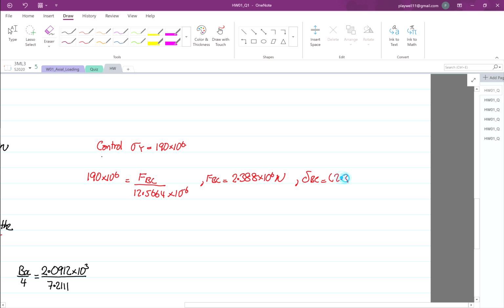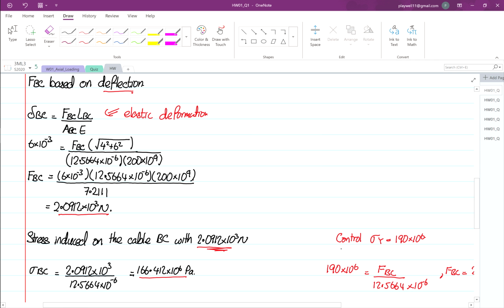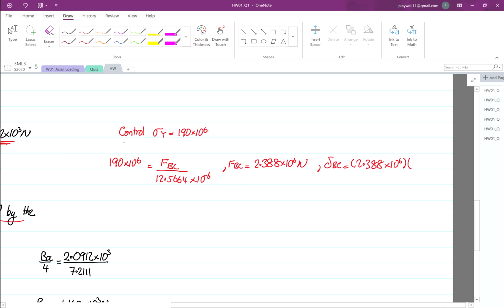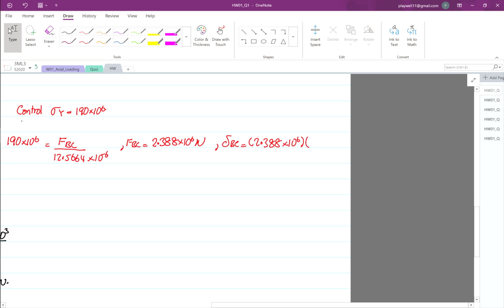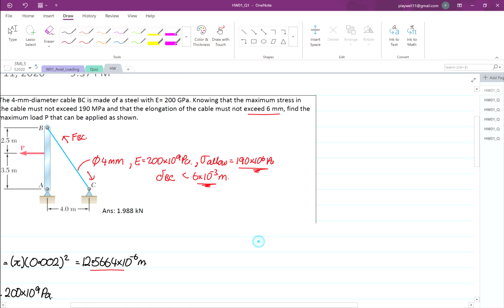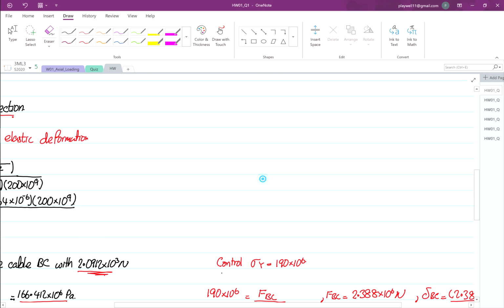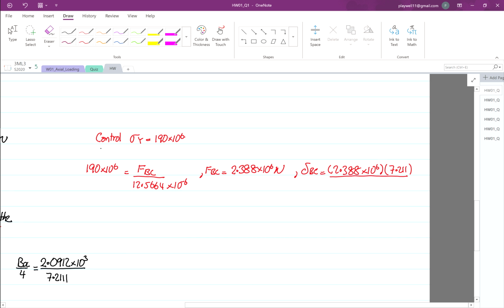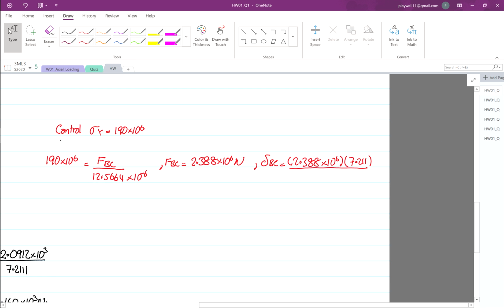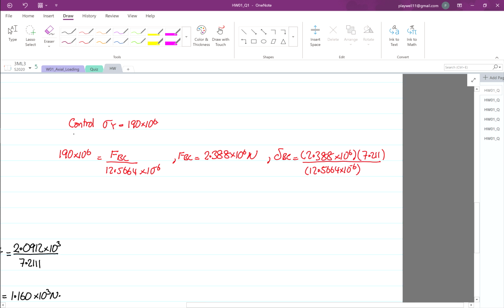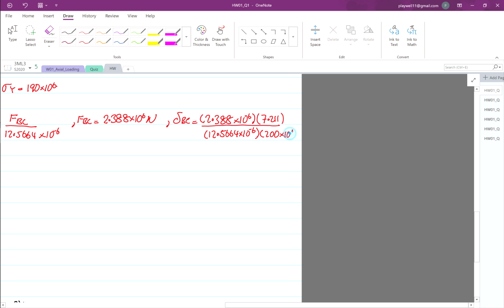It's equal to 2.388 times 10 to the power 3, times the length, which is the square root of 4 squared plus 6 squared, 7.211, divided by the cross-sectional area 12.5664 times 10 to the power minus 6, and then divided by the Young's modulus of 200 times 10 to the power 9. So the deflection is PL over AE.